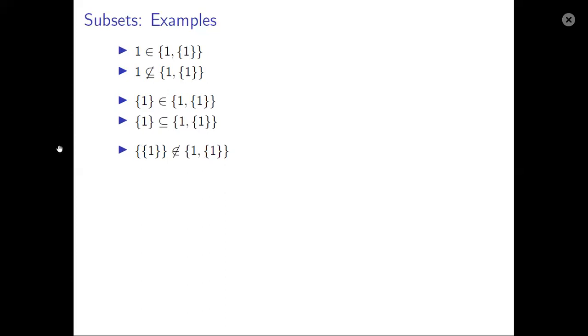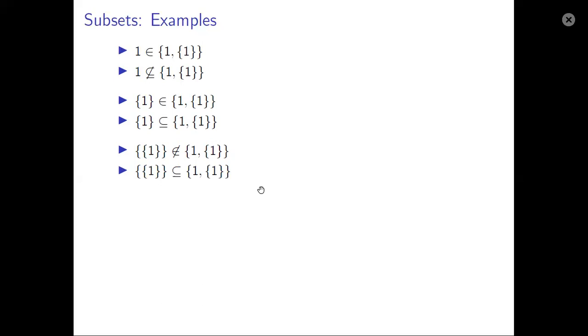Okay. Now, how about this? This is a set that has a single element, which is a set that has a single element, which is 1, the number 1. This is not an element of the set on the right, right? Because you cannot find this element anywhere in this set.